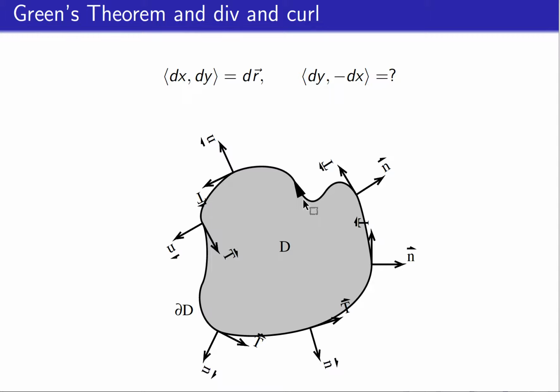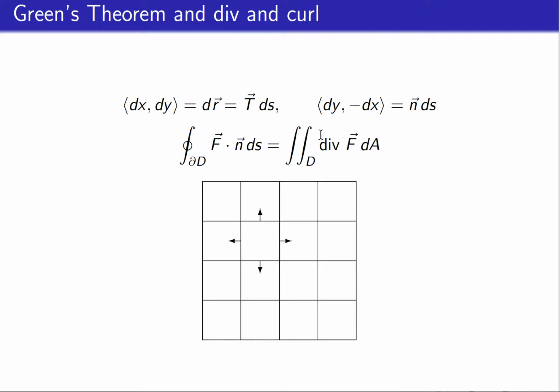On this part here, though, capital N is going to be pointing out the same direction as lowercase n. So capital N and lowercase n are sometimes the same, sometimes opposite, depending on which way the curve bends. Out here, it's opposite. On places like this, it's pointing the same way. Lowercase n is always pointing outward. Okay, it's always pointing outward. That's what this is.